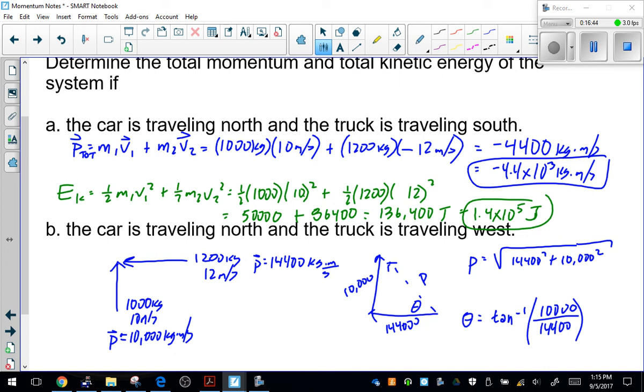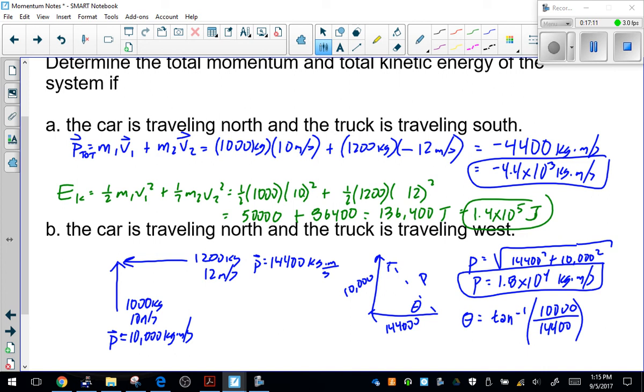All right, what do we get for the momentum there? You get 1.8 times 10 to the 4 kilograms meters per second.